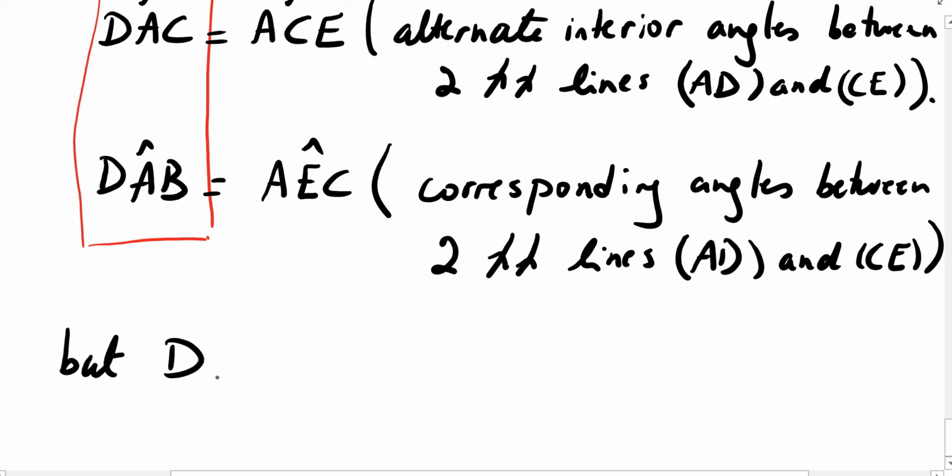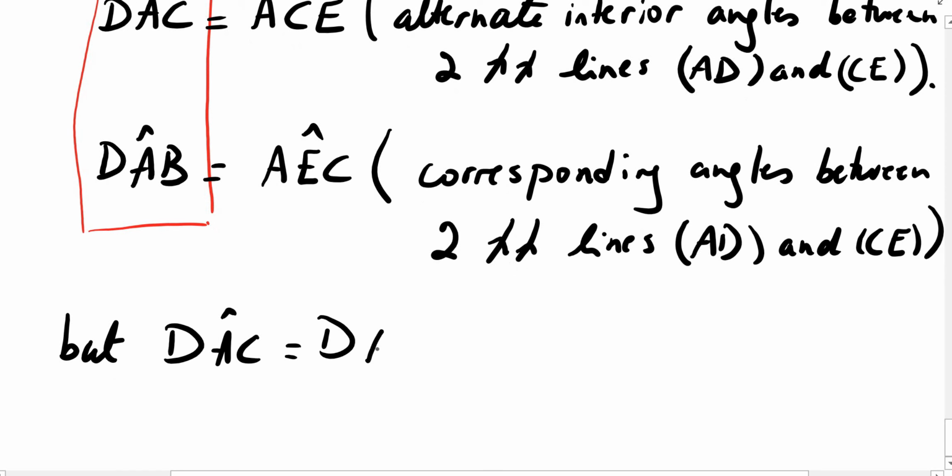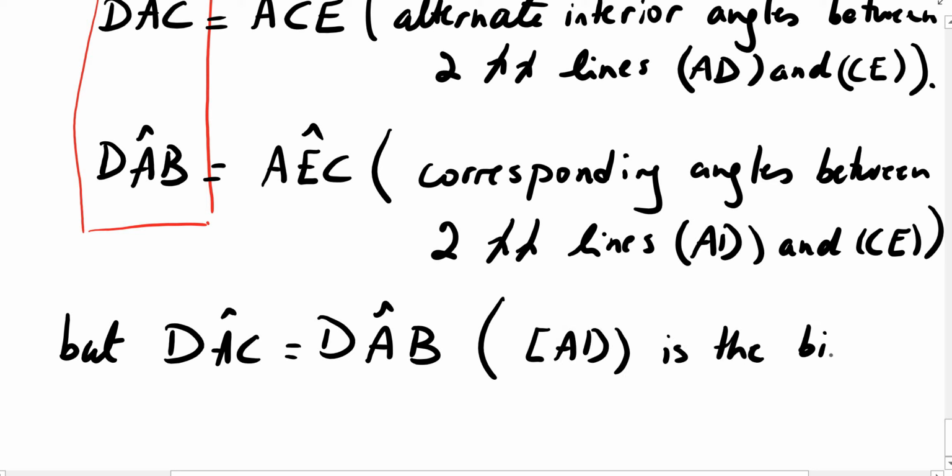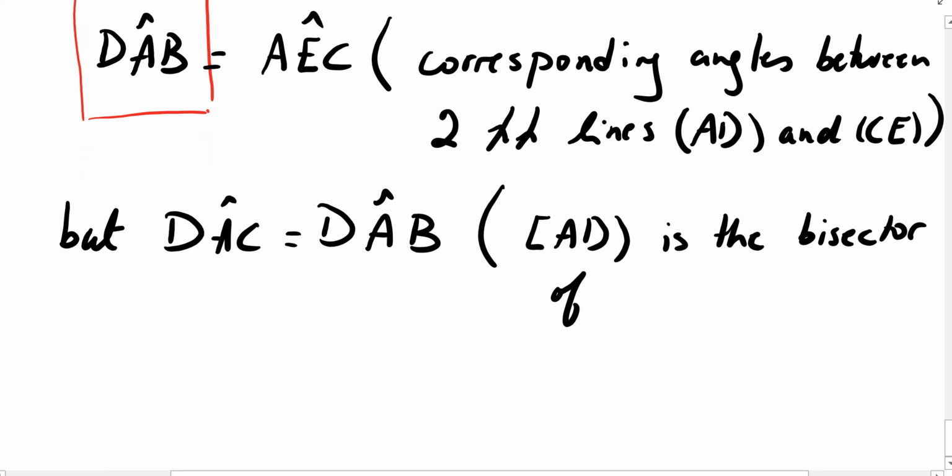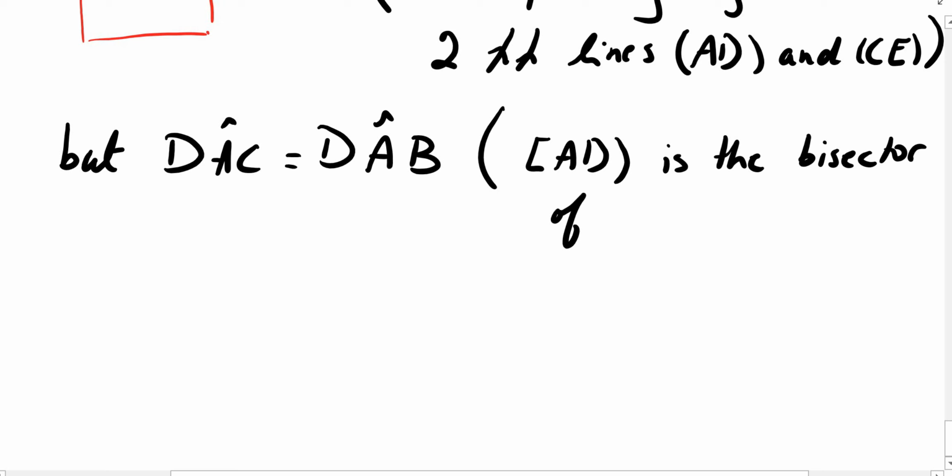The reason is that AD is the bisector of angle BAC. Now you either write this, or you can write AD is the bisector given, or you can write the effect of the bisector. All are acceptable.